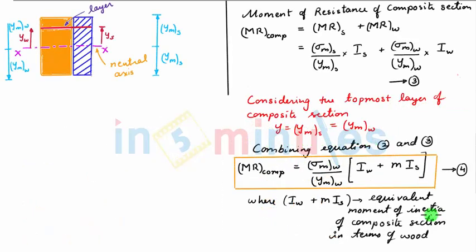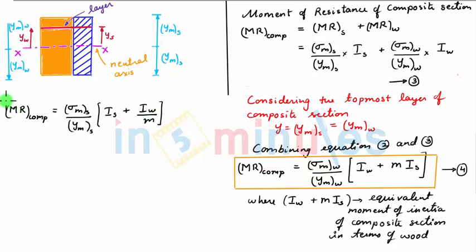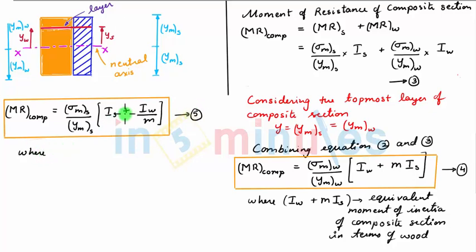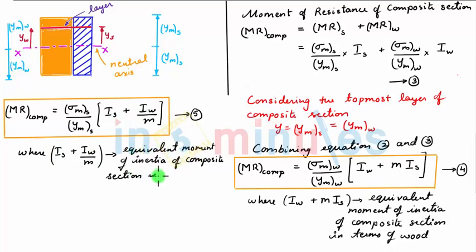Now doing this and again combining equations 2 and 3, we can write the expression for moment of resistance of the composite section as sigma max of steel upon y max of steel into IS plus IW upon m. This is another important relation. Let this relation be equation 5. And here your IS plus IW by m is called the equivalent moment of inertia of the composite section in terms of steel.